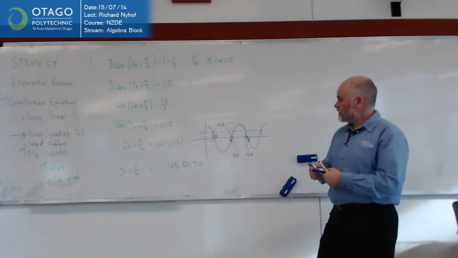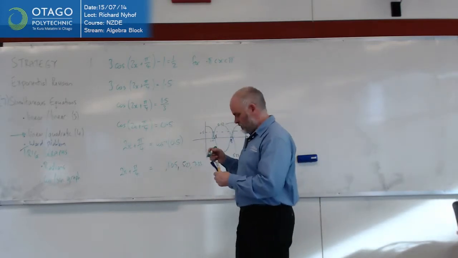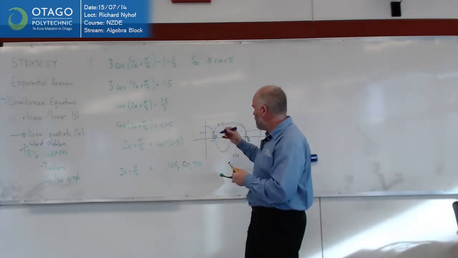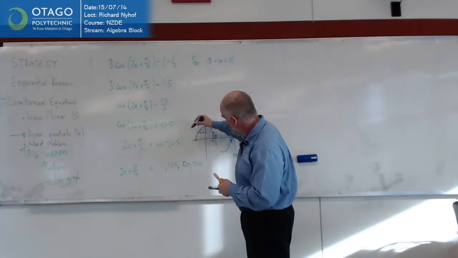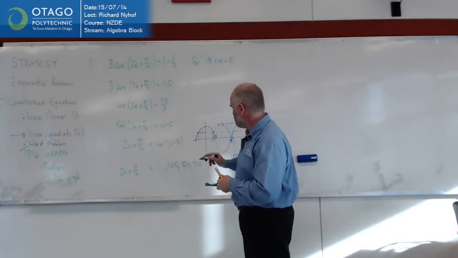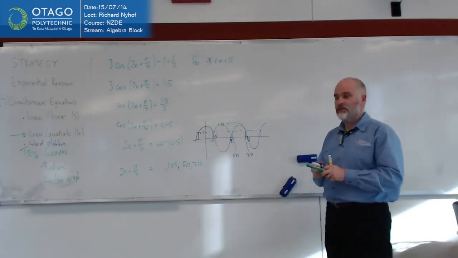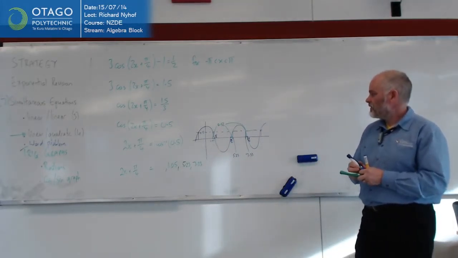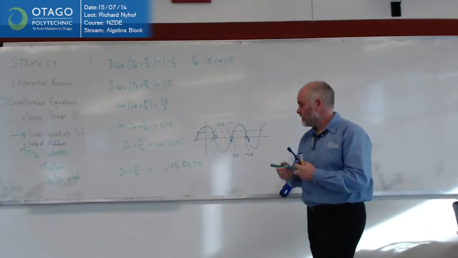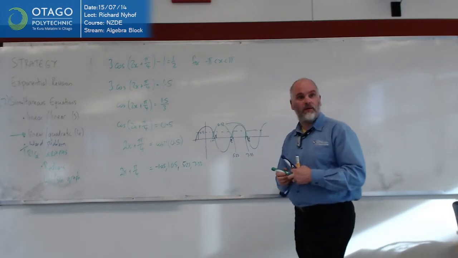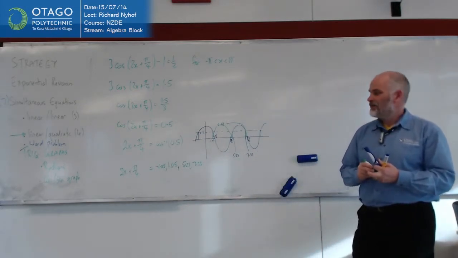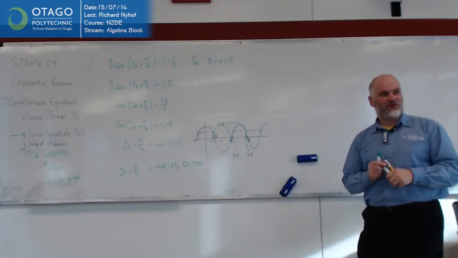And if we wanted to, I mean, we could go on going this way as well. That carries on down there. What's that one going to be? Negative 1.05, isn't it? Now we're going to worry about the 2x plus pi over 4.